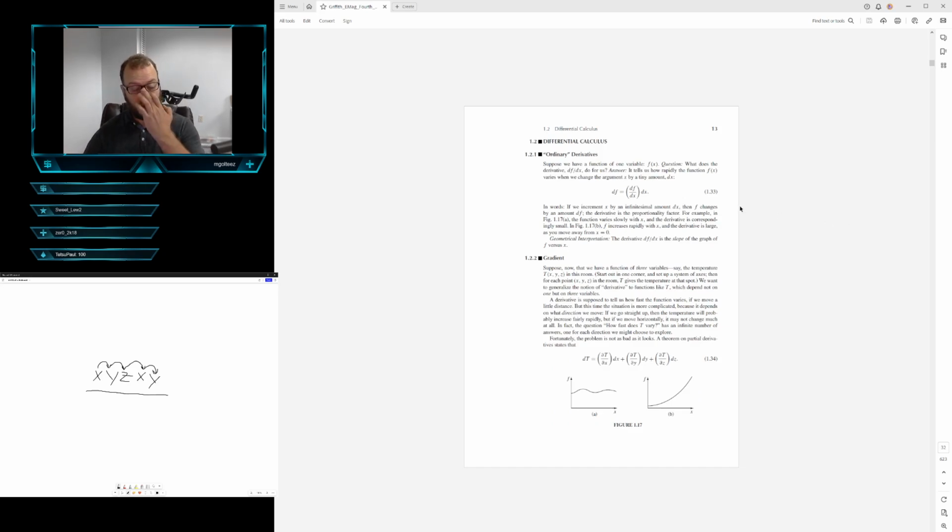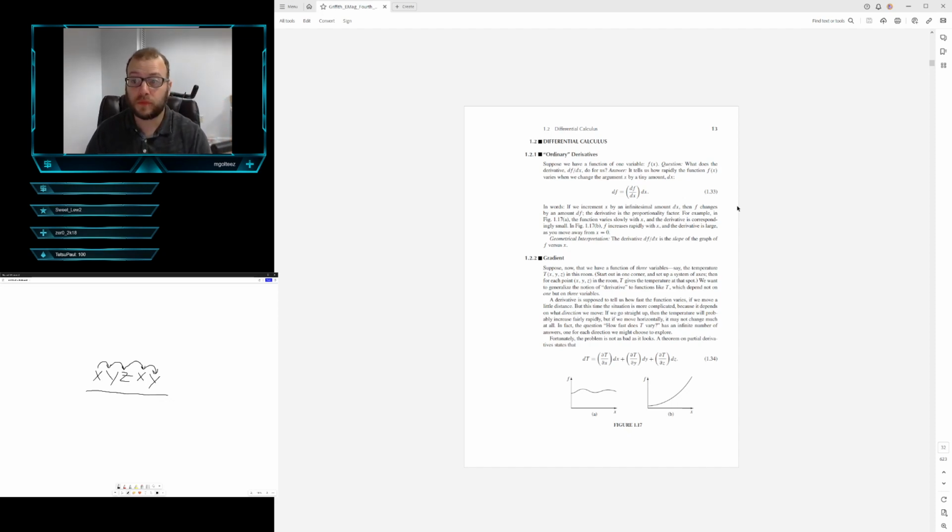So if we are looking at the temperature of a room and we want to know how it's changing throughout the room, we can measure the temperature at each point in space, get a function, and we can look at how that function changes as you move in position.